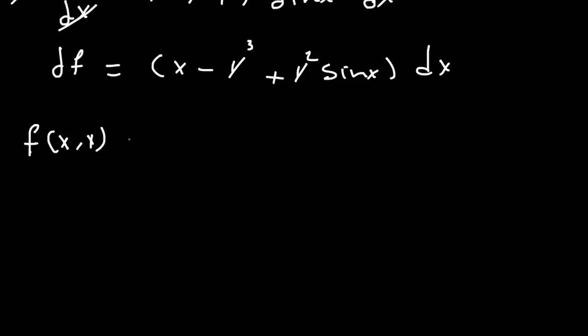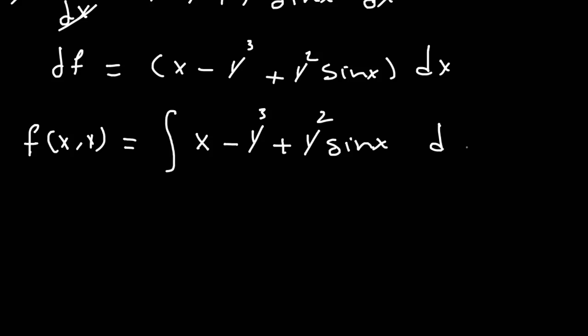It's a function of x and y, and to get rid of this dx we're going to integrate, so we will have the integral of x minus y cubed plus y squared sine x, and this whole thing is with respect to dx, so we're going to treat y as a constant here.